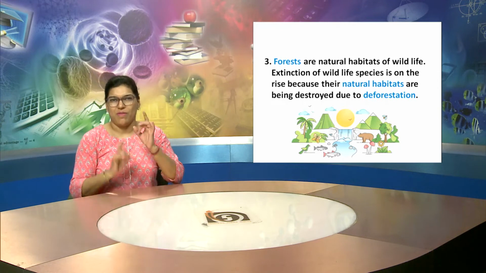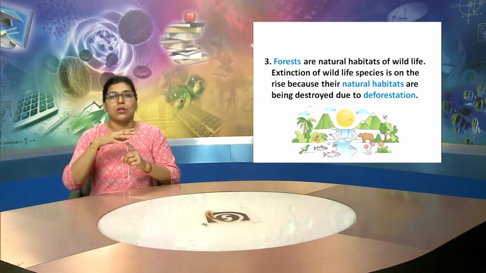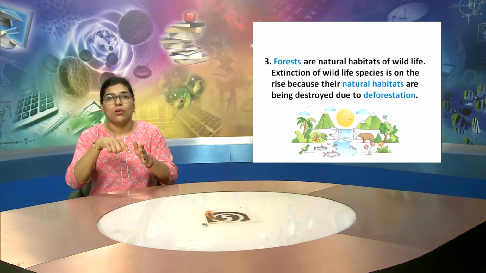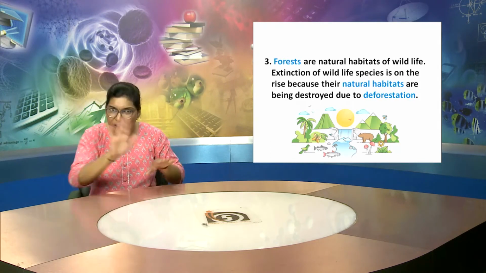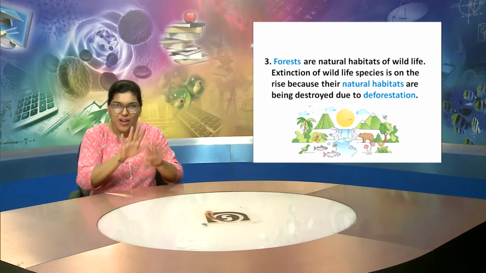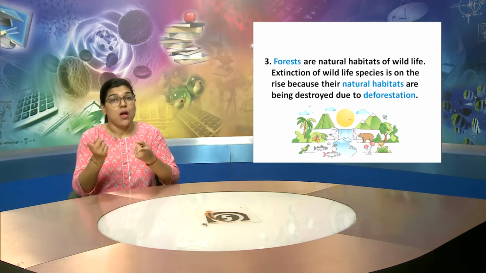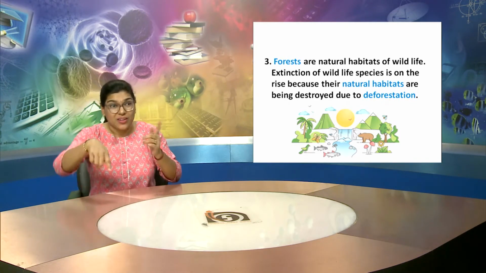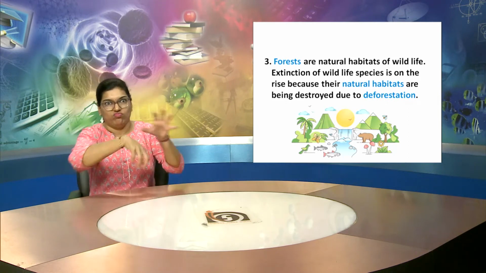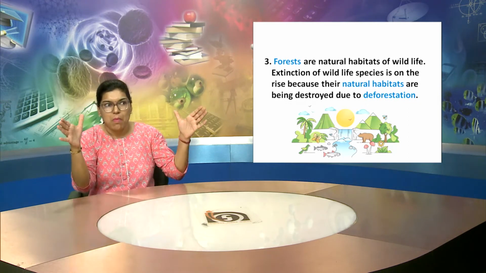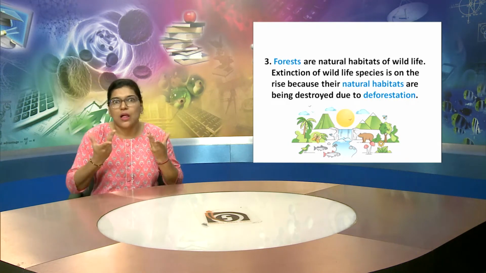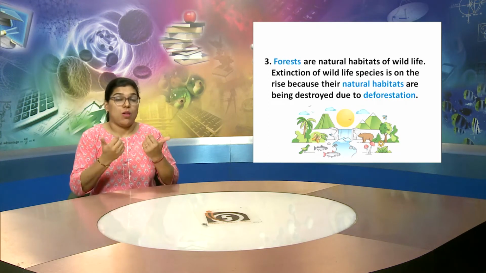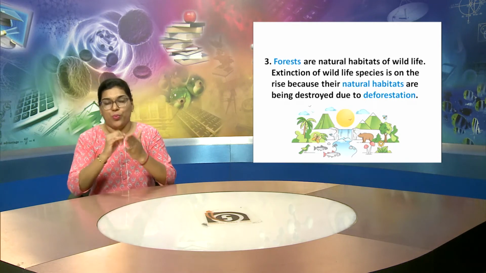This is the third point. Forests are natural habitats of wildlife, and we can all understand that extinction of wildlife species is on the rise because their natural habitats are being destroyed.